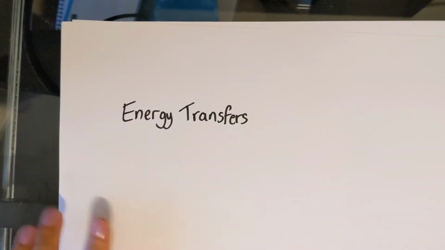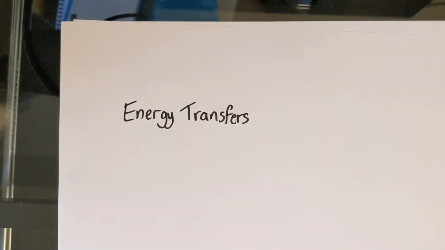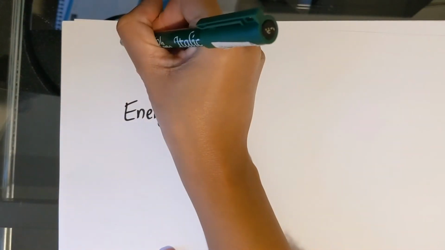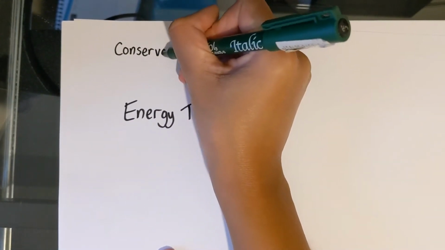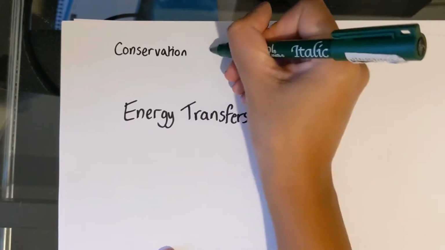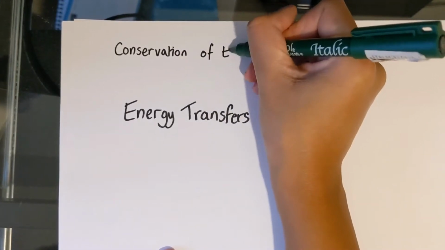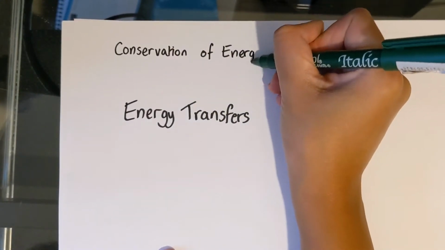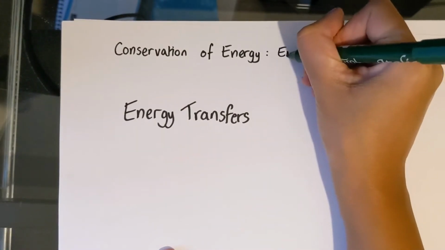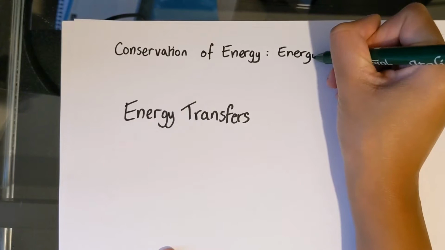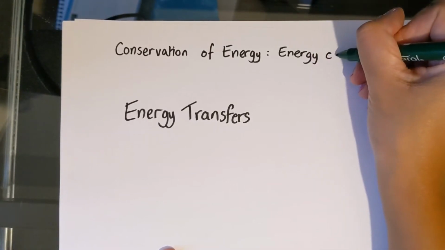Now, before I go on to talk about those energy transfers, it's really important we understand this crucial law, which is the conservation of energy law. Okay, and the conservation of energy law states that energy cannot be created or destroyed.